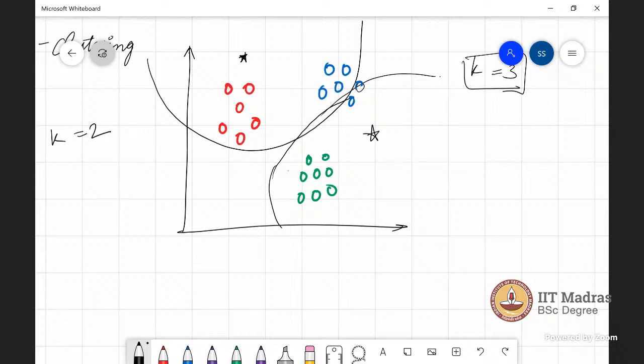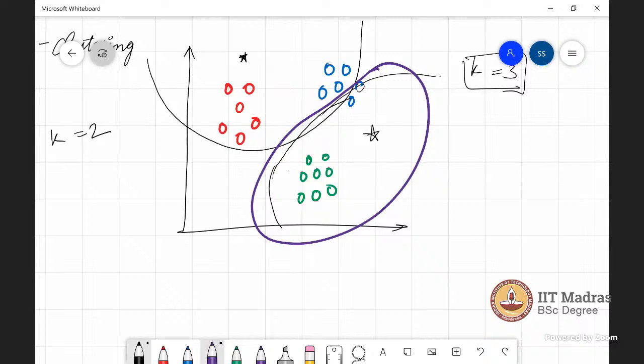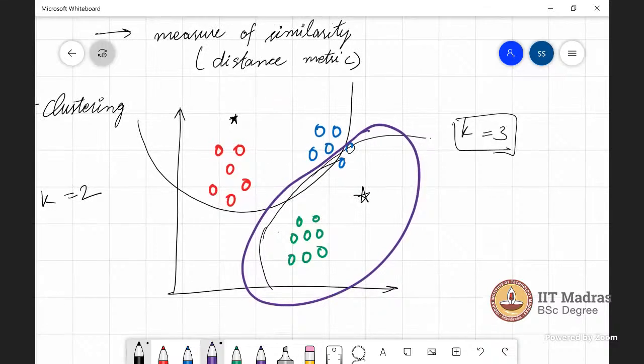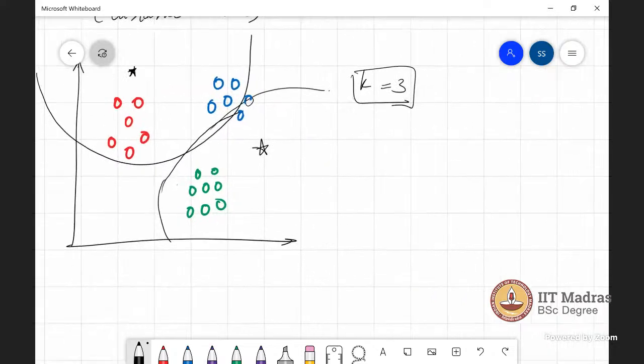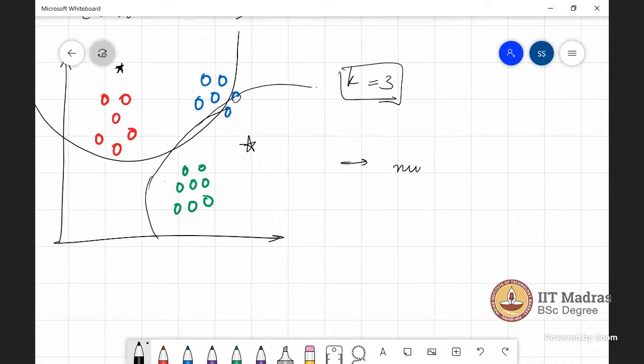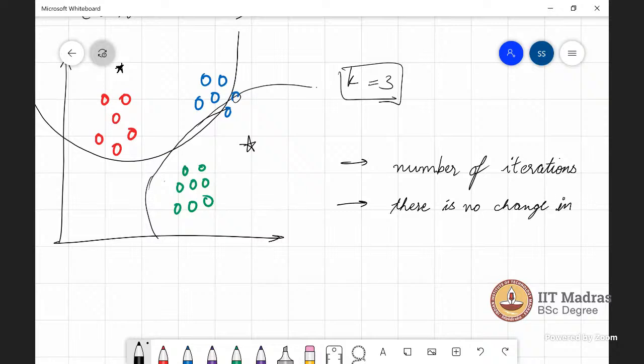So in the next iteration, we are going to use these points for computing the centroid of this cluster, and similarly the second cluster will have a centroid computed from these points, and we repeat this process until the number of iterations that we want to conduct has been reached, or there is no change in the assignment of data points to clusters.